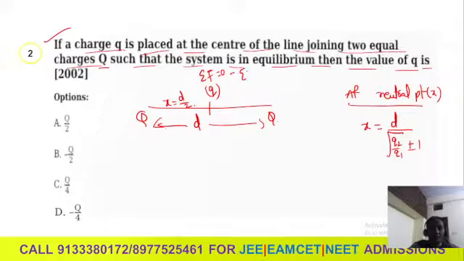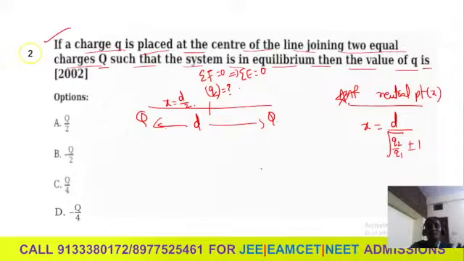This gives that the sum of the electric field at that point will be 0. That is the condition you need to apply to find the magnitude of that third charge which is placed between them. Okay.